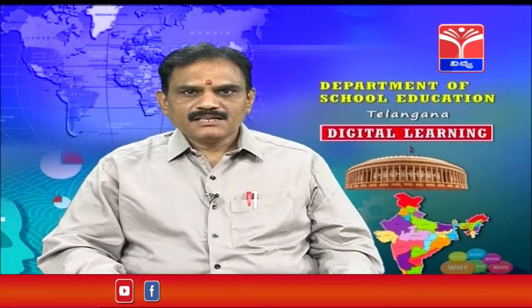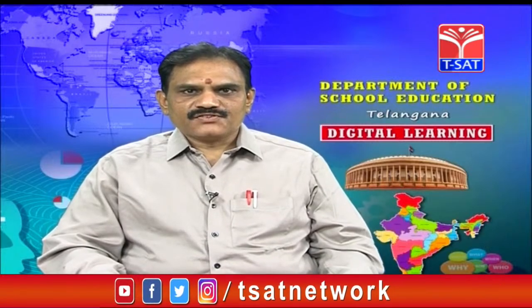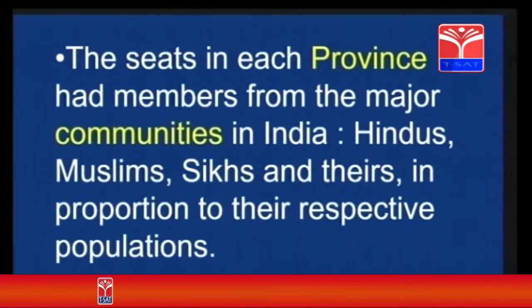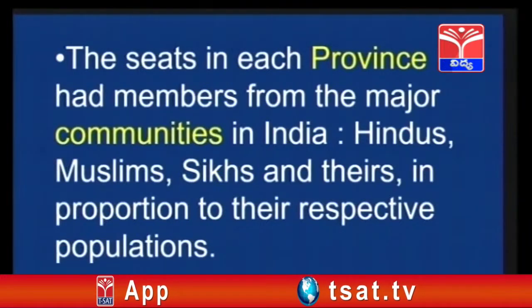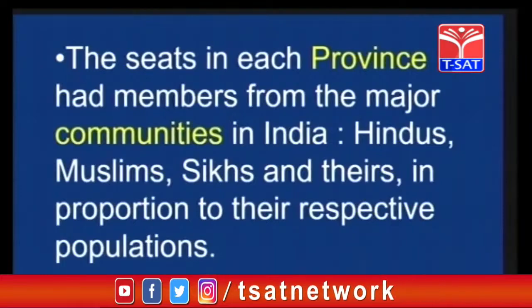These were not ruled by the British, they were ruled by the kings. The seats in each province had members from the major communities in India: Hindus, Muslims, Sikhs and Christians and all the other communities, in proportion to their respective populations.